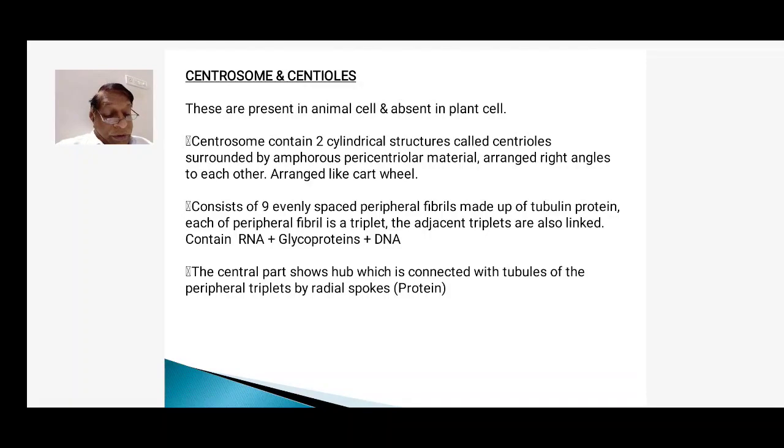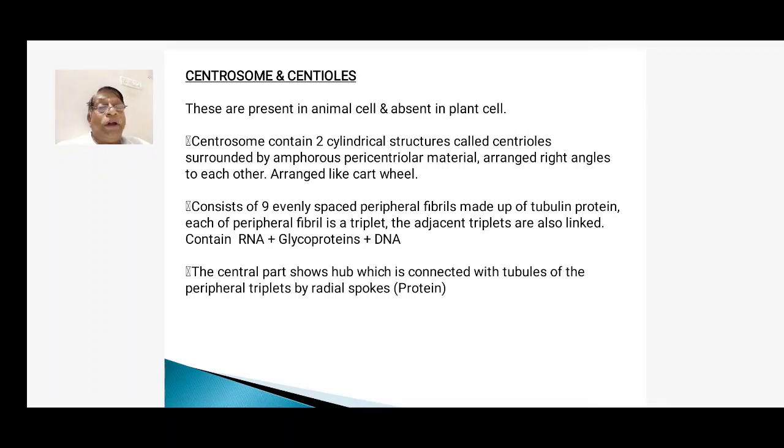Next one is centrosome and centrioles. Centrosome is one of the cell organelles present in animal cell, usually absent in plant cell.